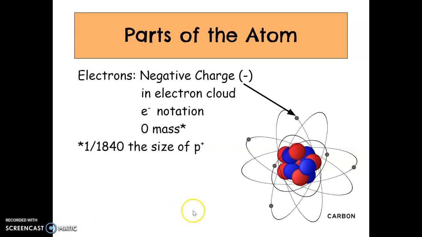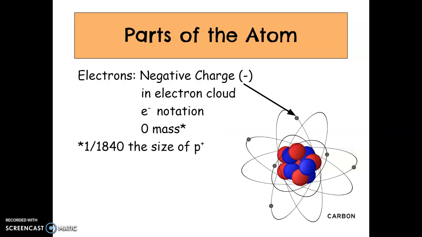The electrons are in our electron cloud, which is the most likely location of the electron. Their notation is an E with a negative charge because they do have a negative charge. Here we assume that the electrons do not have mass because they're so light.